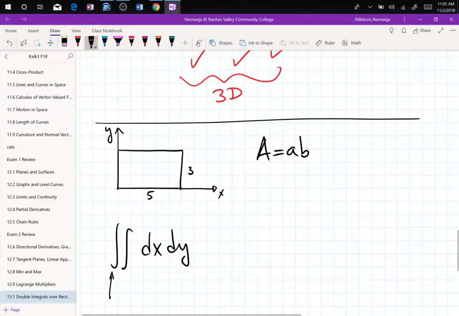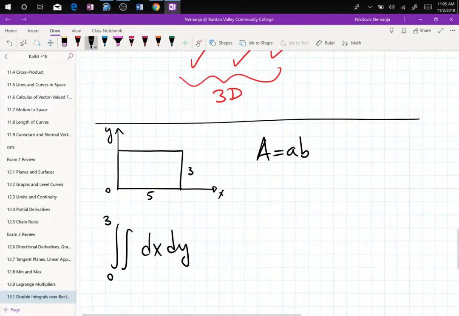It belongs to the outside integral. Y goes from 0 to 3 on the picture. The inner integral belongs to the inner dx, which goes from 0 to 5.